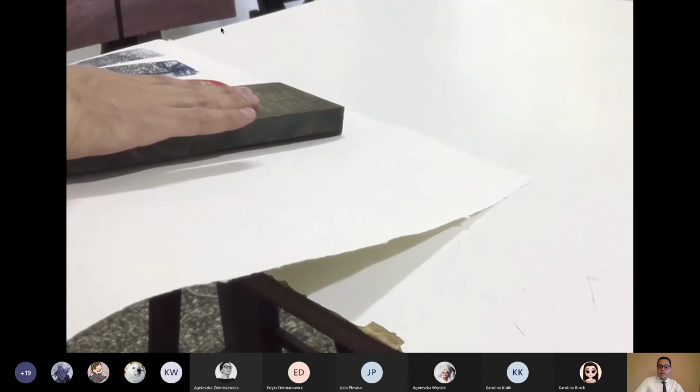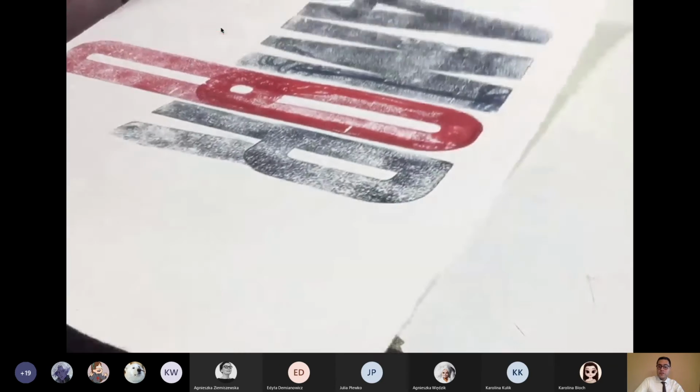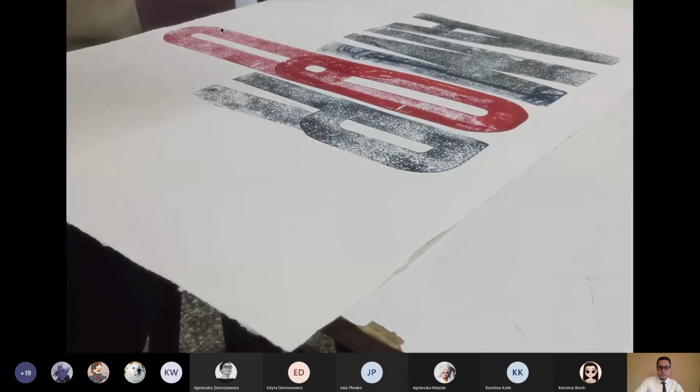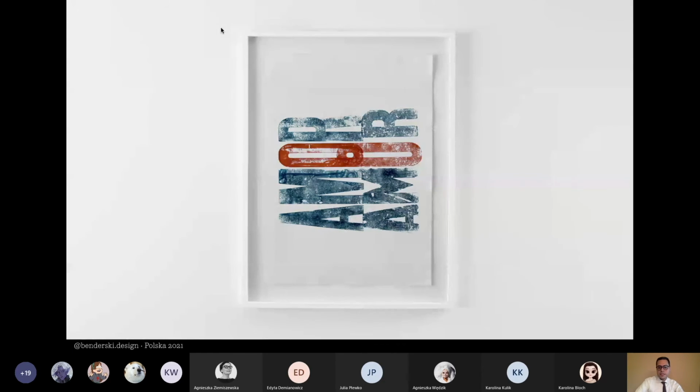This cotton paper was handmade, and everything was done by our hands. So it has a different touch, a different feeling. And this is the poster that was created.